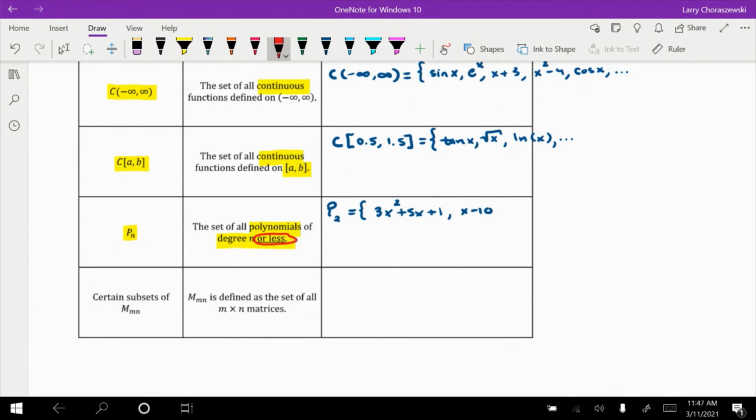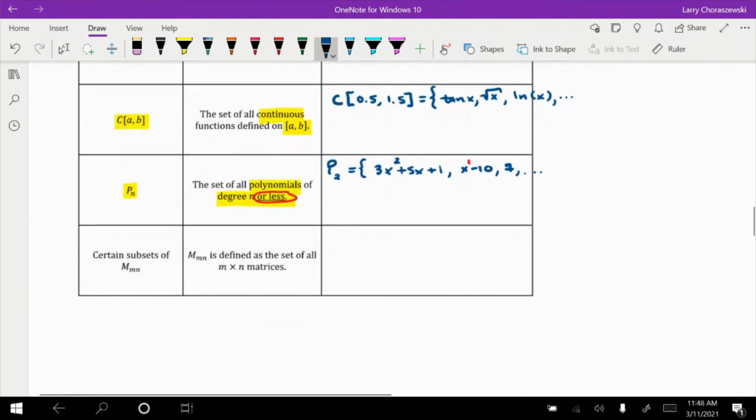So as long as the degree of the polynomial is 2 or less, it would belong in the set. Obviously, this has a degree of 1, so it would belong in here. You would never see any polynomials with x cubed in here, or x to the 4th, or x to the 5th, and so on. Just to give you some variety, even your constant functions, such as 7, would belong in this set, right? And many, many more polynomials belong in P sub 2.